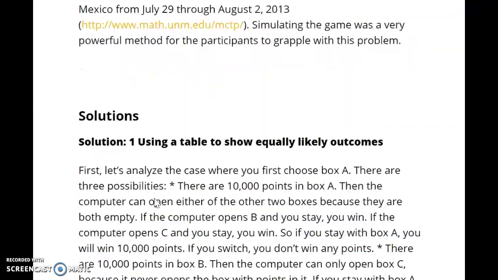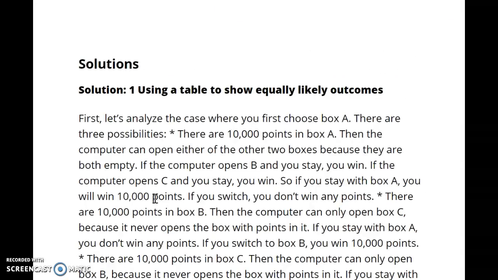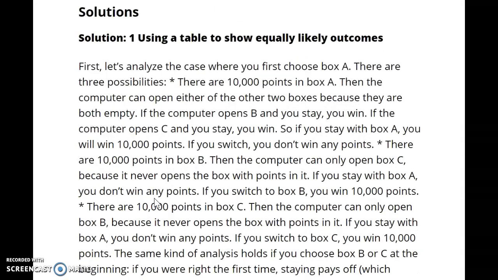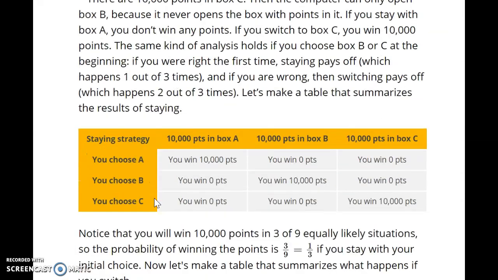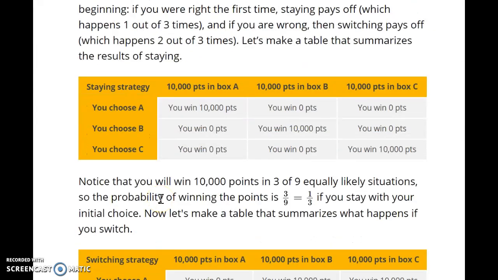So a nice way to look at the solution is to use a table showing all of your possibilities. So you could set it up starting with, well, what if you stick with the strategy of I'm going to keep my box, and look at your outcomes each time. So if my strategy is I'm staying, here's the table of all the possibilities.